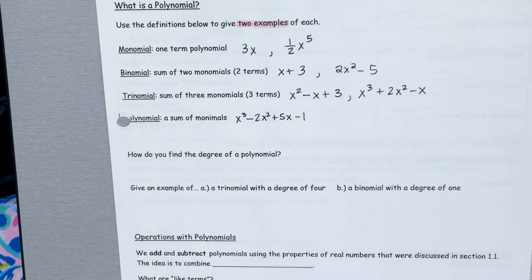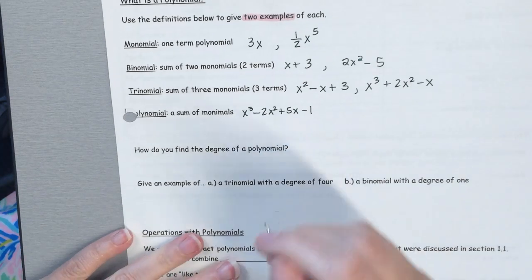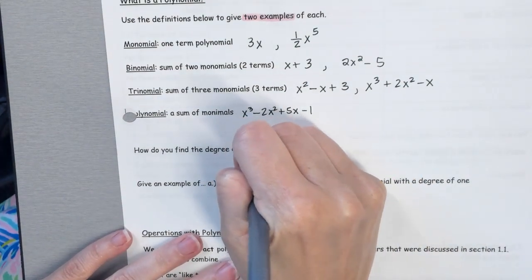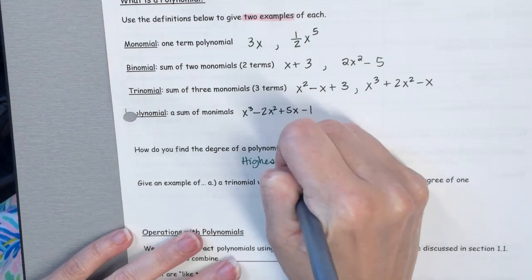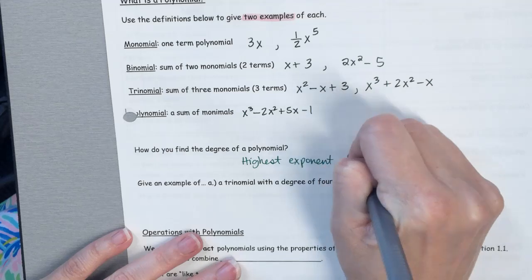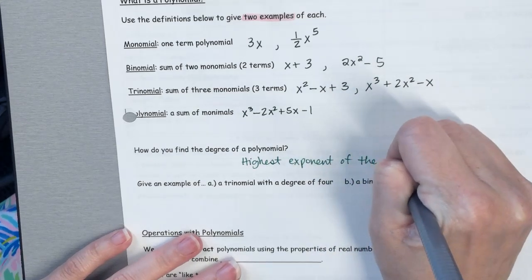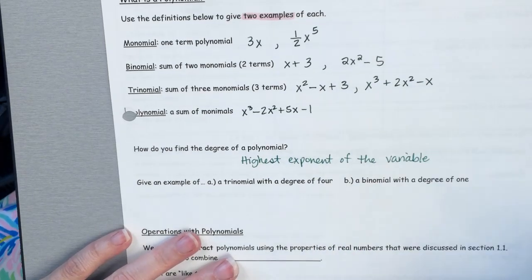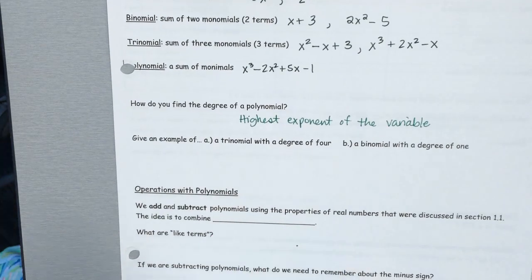Okay, now do you guys remember how to find the degree? Yep, it's always the highest exponent. Okay, so the highest exponent of the variable. And the reason why I'm specifying that it's of the variable is if you had like 5 to the 3rd, okay, that wouldn't be a degree 3, that would be a constant term.